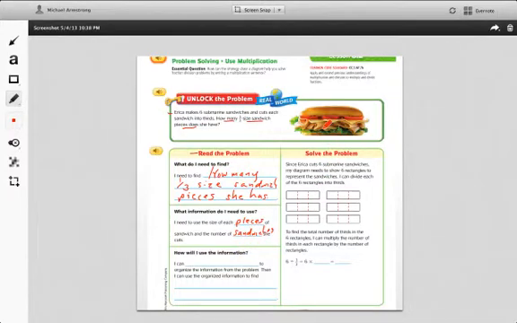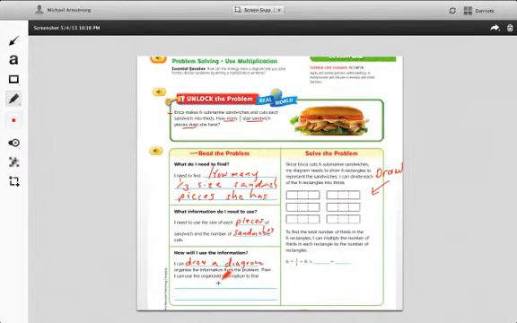How are we going to do this? I think we're going to draw a diagram to organize the information from the problem.